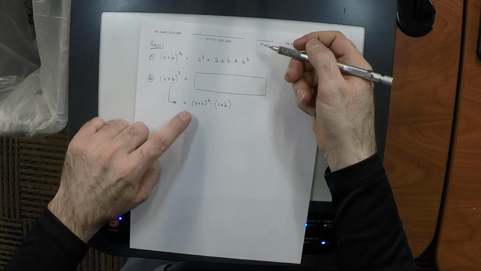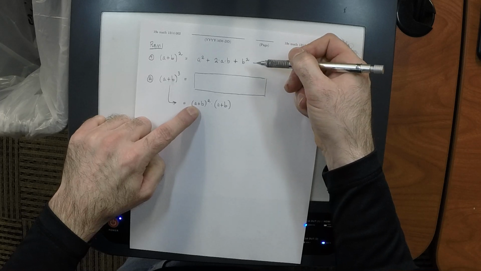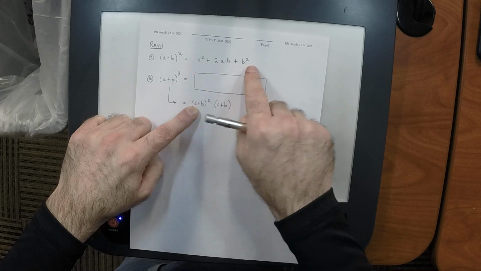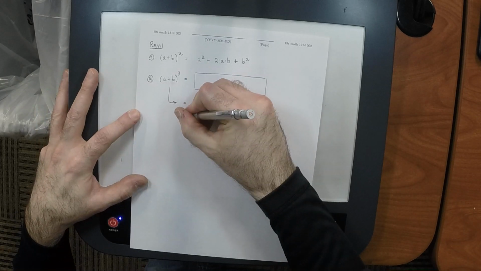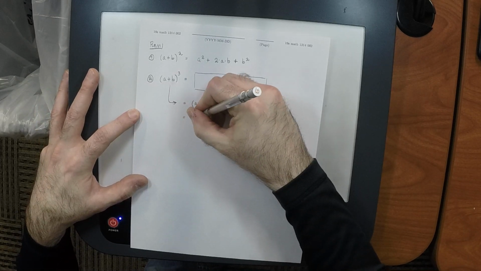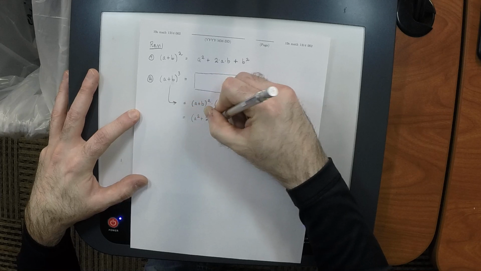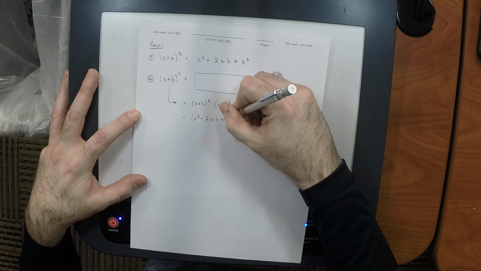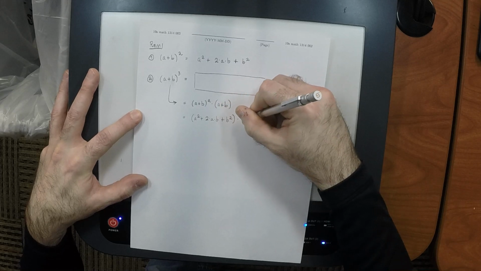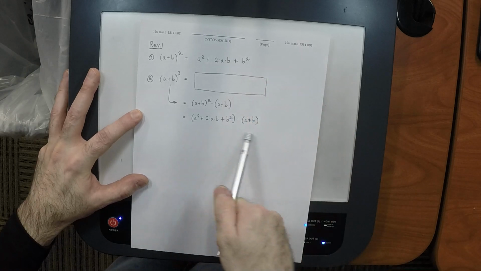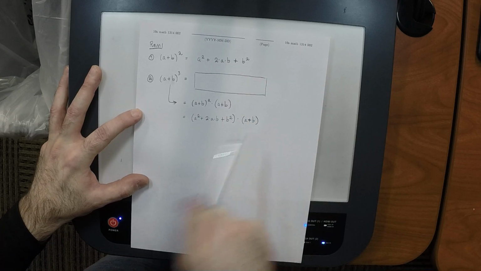But conveniently, for a plus b squared, we've got a rule for that. So I can just replace that with that. Now what?